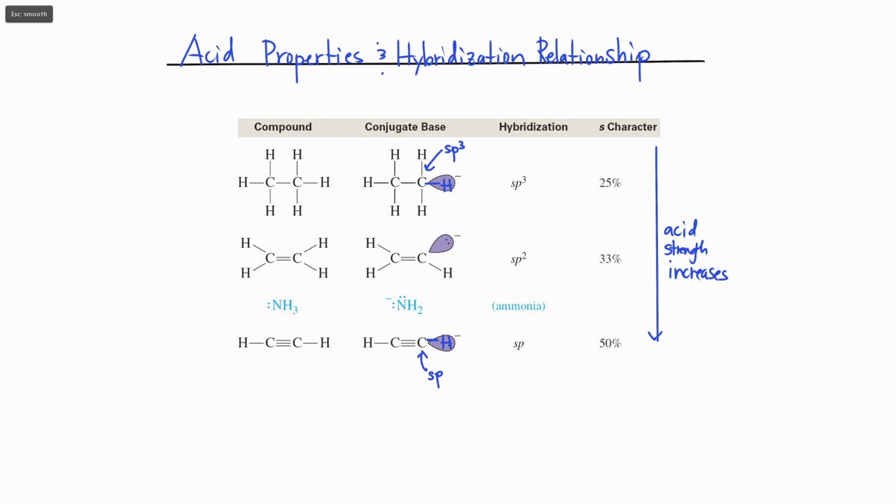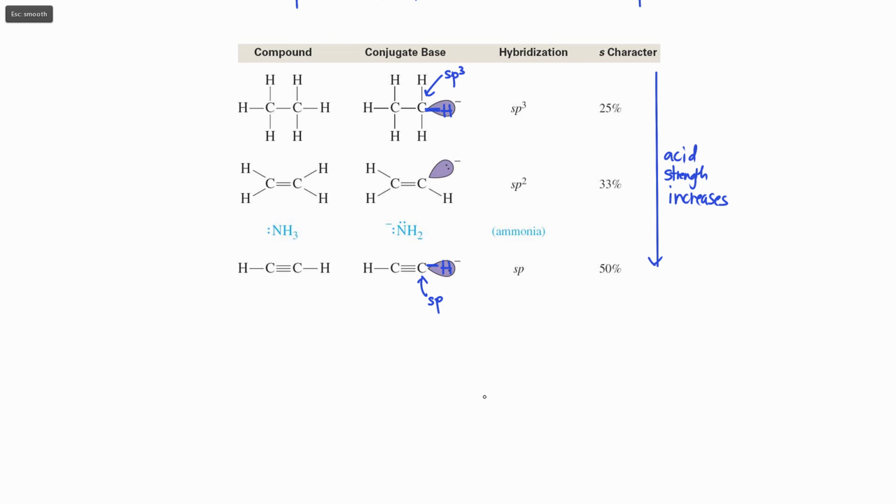This carbon has more S character where this hydrogen is attached than this carbon with this hydrogen attached. So this is going to be more acidic. So an alkyne hydrogen would be more acidic than a hydrogen attached to an alkane.